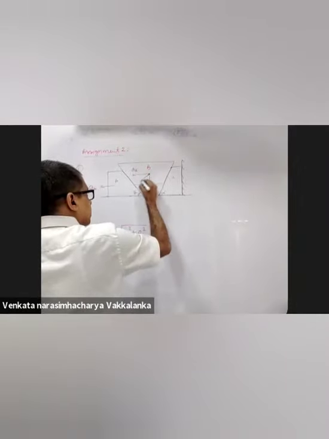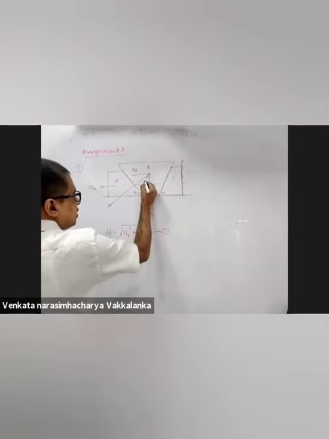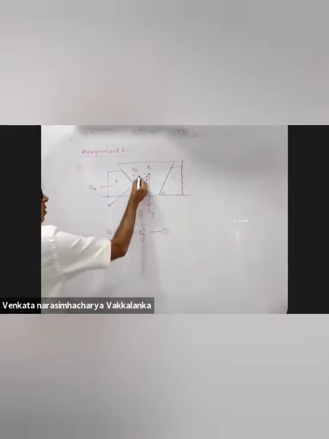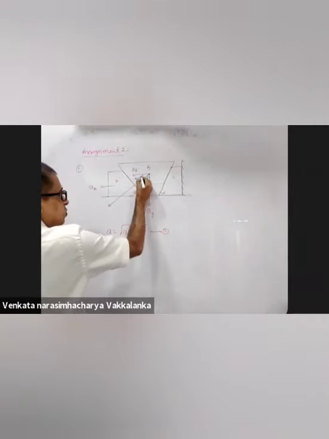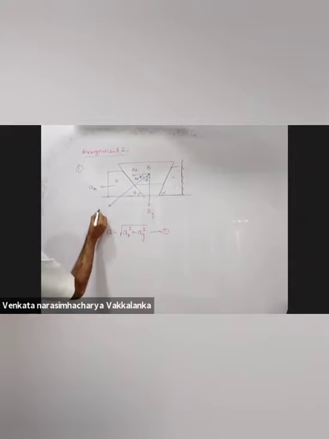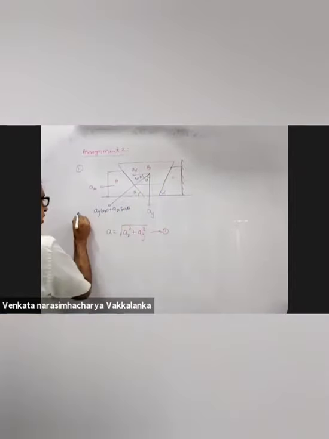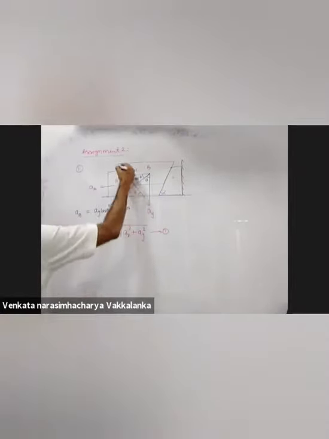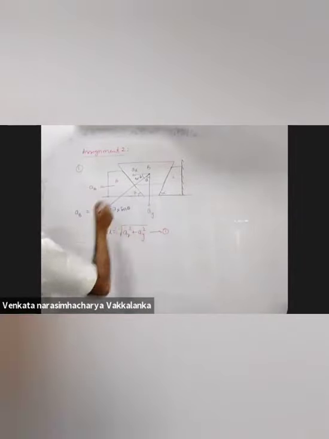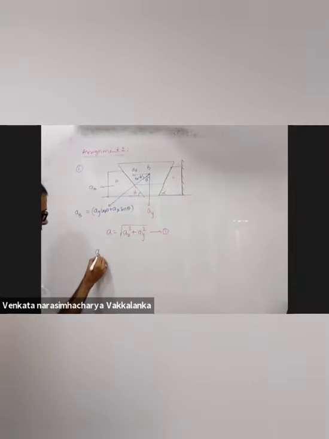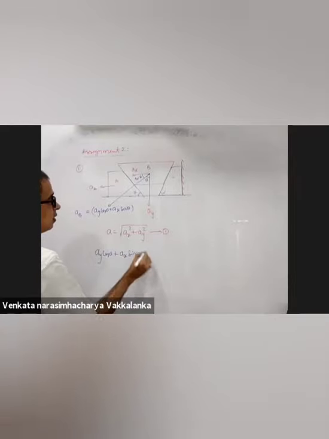The resultant of this acceleration in this direction: if this is theta, this will be theta, and this will be 90 minus theta. So AY cos theta plus AX sin theta is the acceleration of B along the common normal in this direction. Agreed?